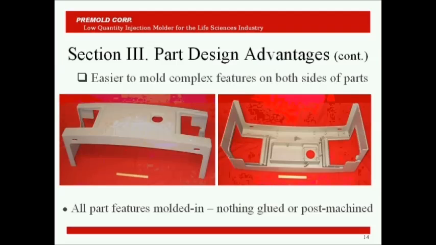All of the cosmetic and structural features of the large U-shaped part pictured on this slide are molded in, thereby eliminating costly secondary operations. Additionally, some RIM parts, like this hood, are produced in two versions from the same mold using interchangeable loose pieces. This design freedom can significantly reduce your production tooling costs.